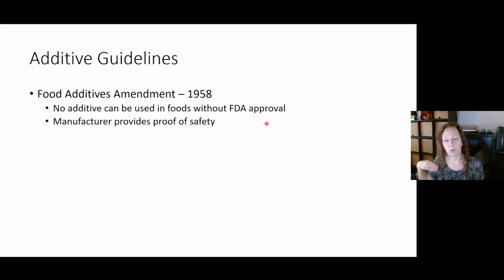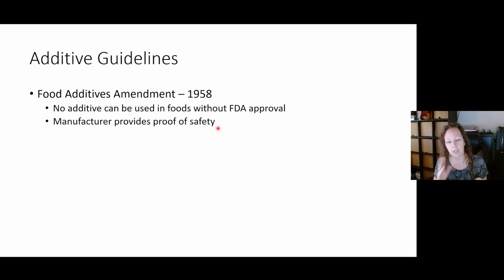And that's just putting more onus on the manufacturer to pony up the money to provide this proof, because the government does not need to be spending all kinds of money on additives that may or may not be worthwhile at all. So I will say that's kind of a catch-22, because the manufacturer who has a dog in the fight to get that approved is the one that is providing the proof.